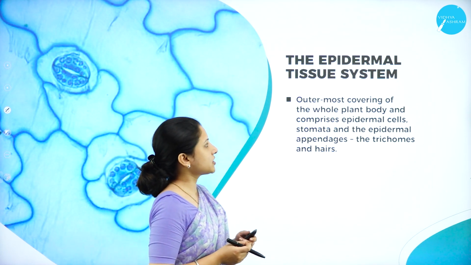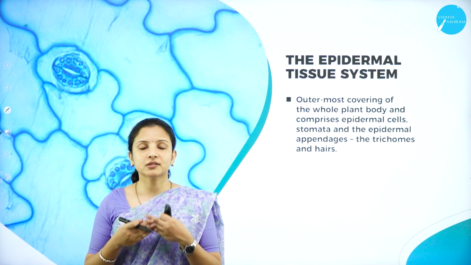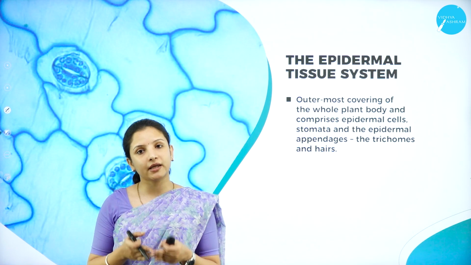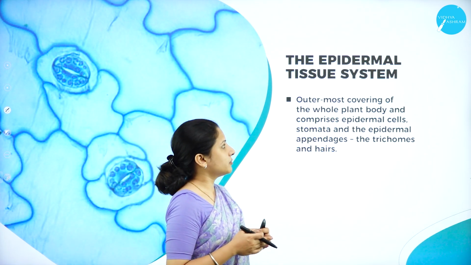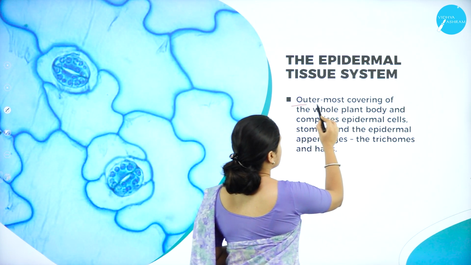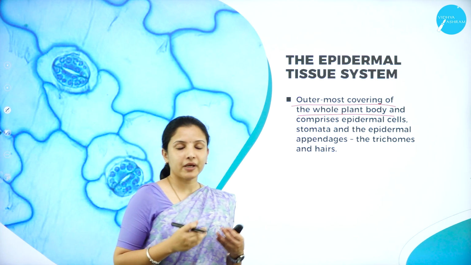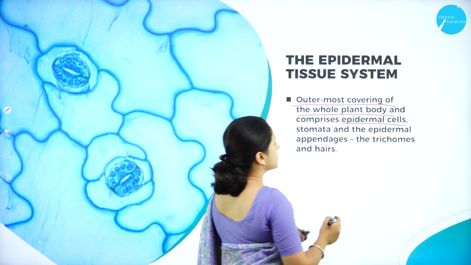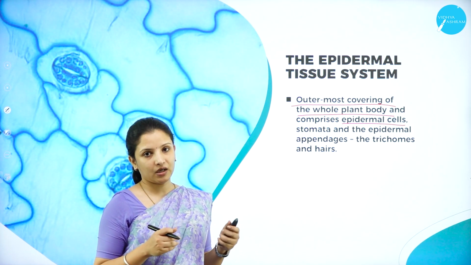The epidermal tissue system: epi means outside and derma means skin. So it is the outer covering or the outer layer of a plant body. The epidermal tissue is the outermost covering of the whole plant body, and it is made up of cells called the epidermal cells.